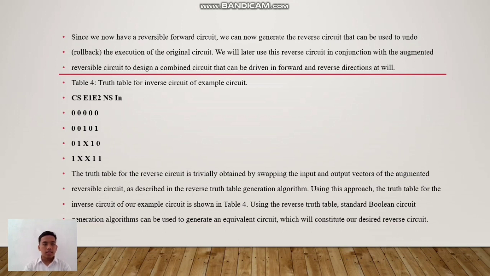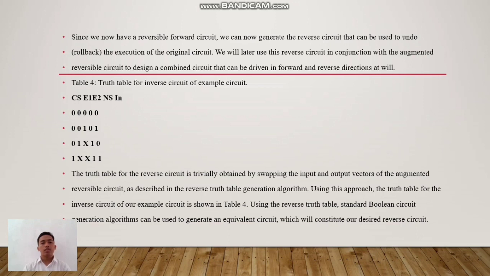Truth table for the inverse circuit of the example circuit: the truth table for the reverse circuit is trivially obtained by swapping the input and output vectors of the augmented reversible circuit described in the truth table generation algorithm.